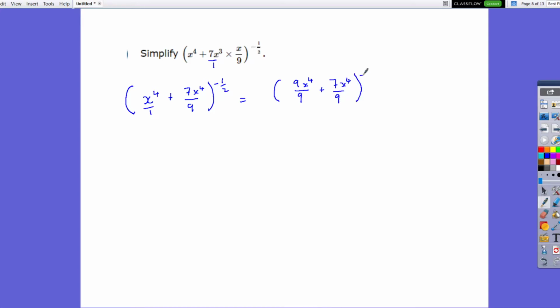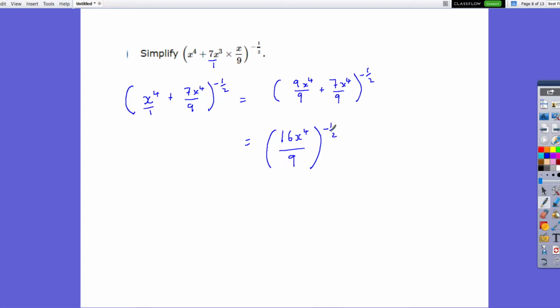Again, we'll deal with this minus half in a second. So this now enables us to add the numerators together, as the denominators are the same. 9 plus 7 is 16, so I'll get 16x to the power 4 over 9, and that is to the power minus a half.